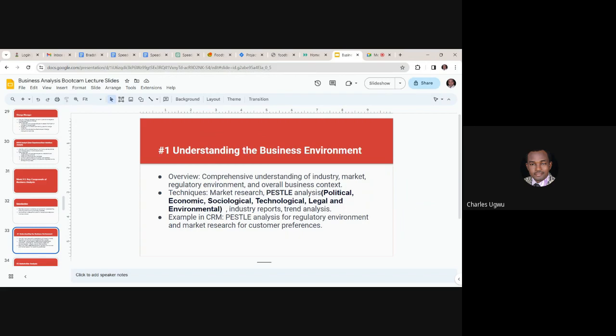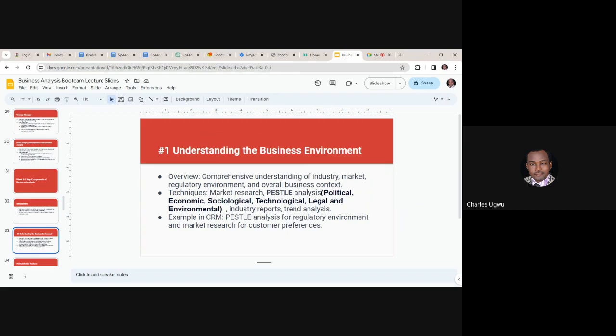For you to achieve that, to understand the business environment very well, number one is to apply these techniques. Number one, market research. If it's CRM, you need to research the market to understand the CRM market very well.